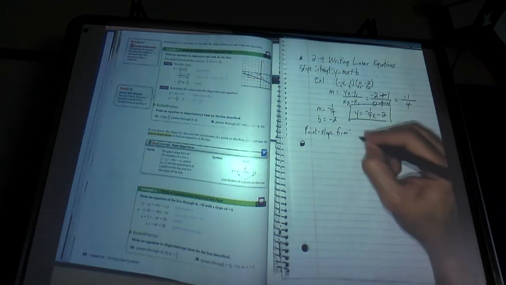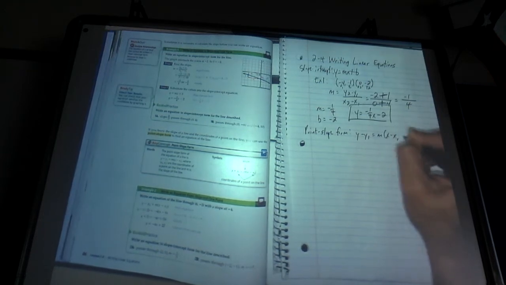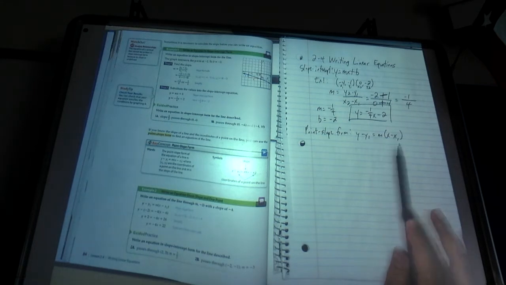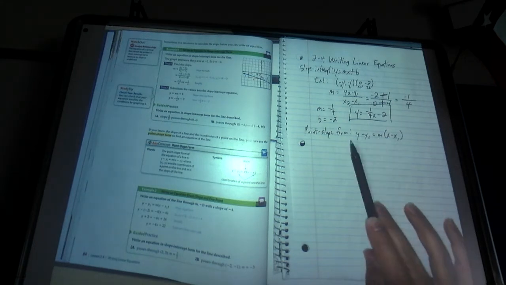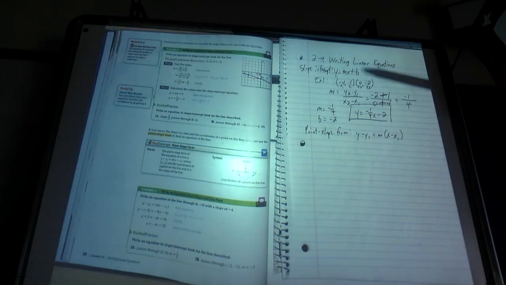So here's the formula. It's y minus y1 equals m times x minus x1, and what we're looking for is an ordered pair to plug in and then a slope to plug in. This y and this x are the same for us as the y and the x in slope-intercept form. So that's just part of the equation or the function.